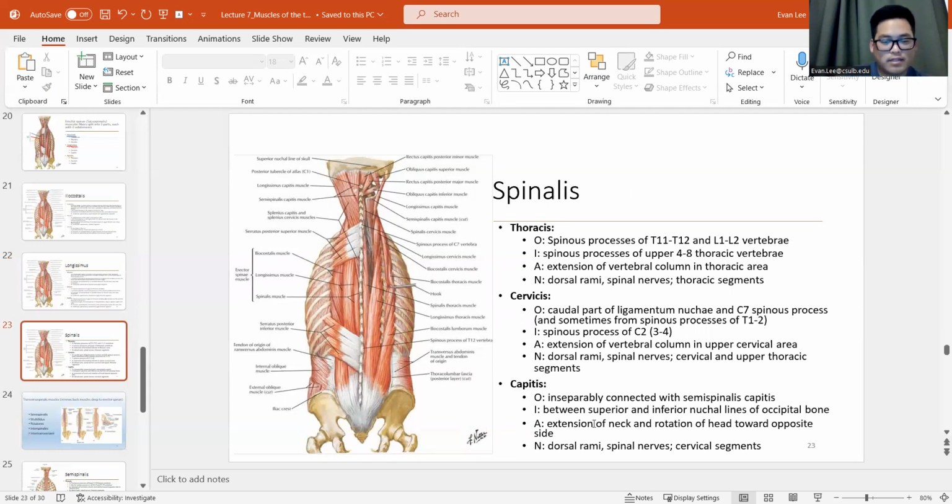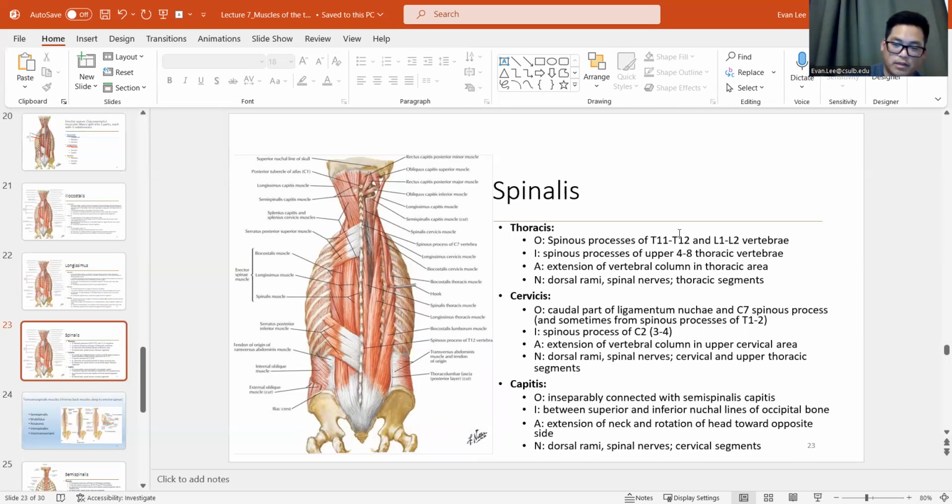Now the spinalis is the last of your erector spinae group, at least, where you'll be able to see it being the medial most muscle right along the vertebrae. So for spinalis, as its name suggests, it is going to be along the spinous processes.